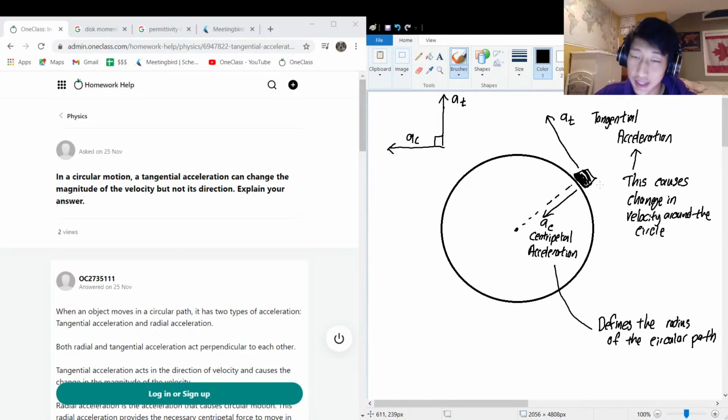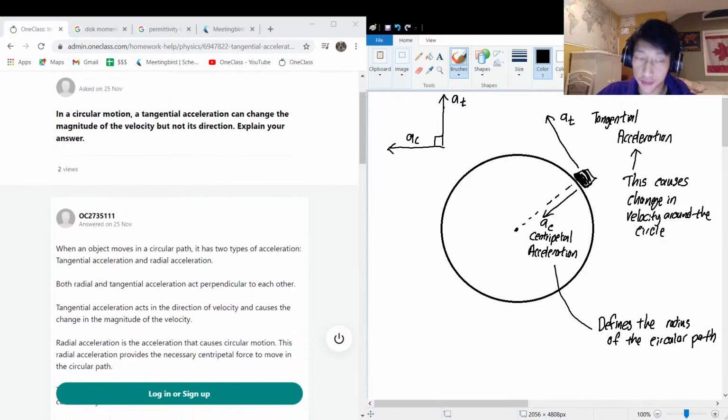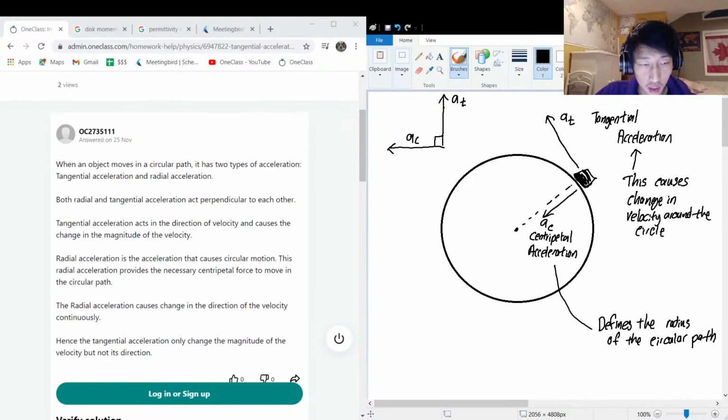It is only AC, centripetal acceleration, that controls the direction, because it is non-collinear, meaning it is not on the same line as the velocity, so it changes the velocity's direction. So, yeah.